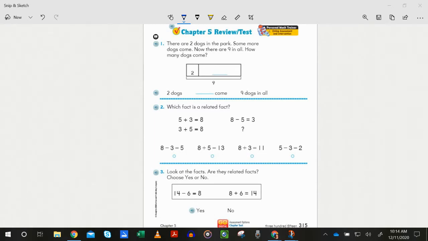Okay, just fill in the bubble under the number sentence you believe is correct. Number 3, look at the facts. Are they related facts? Choose yes or no. So looking at these 2 number sentences, circle yes if you believe they are related, circle no if you think they are not related.